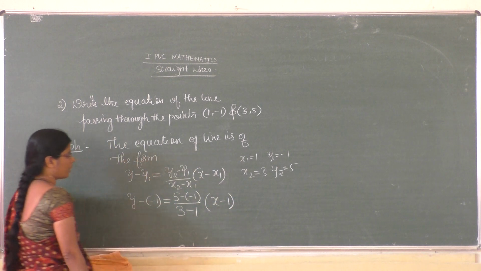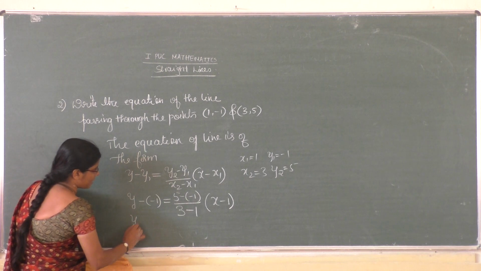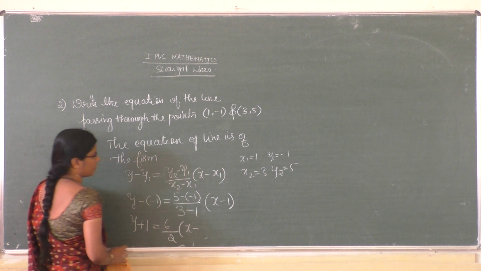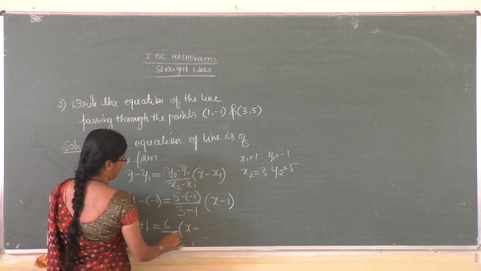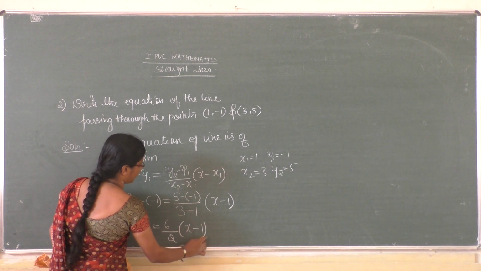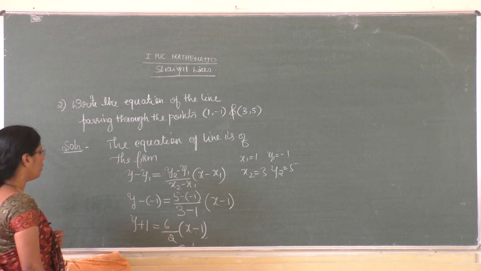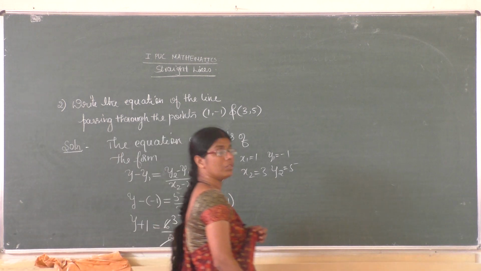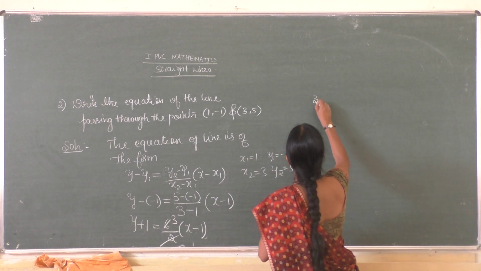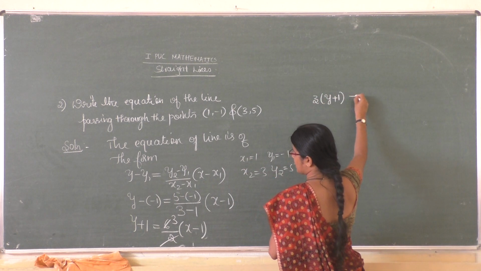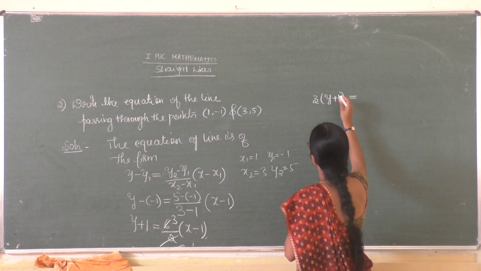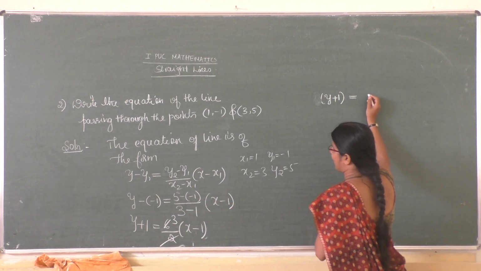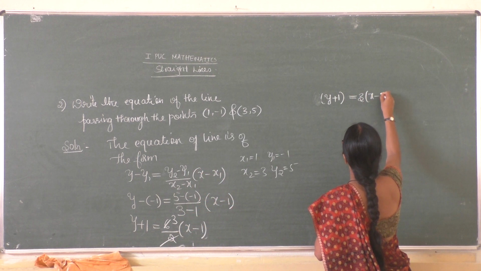We get y plus 1 is equal to 6 by 2 into x minus 1. So 2 threes are 6, so y plus 1 is equal to 3 into x minus 1.